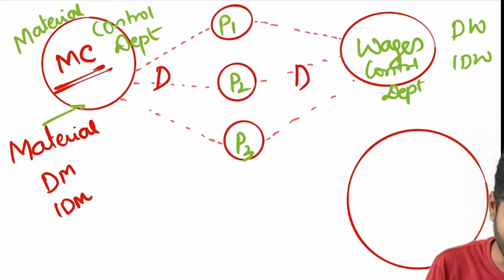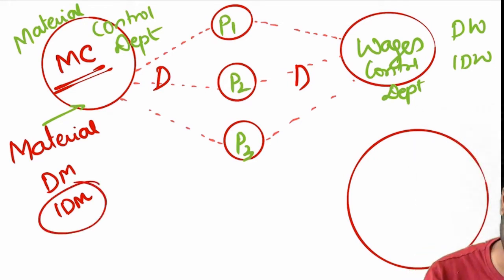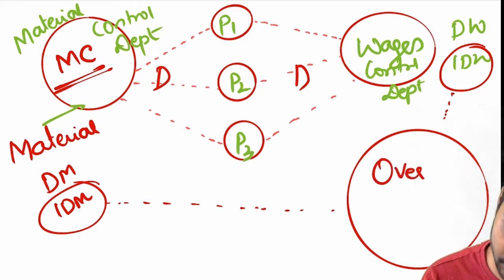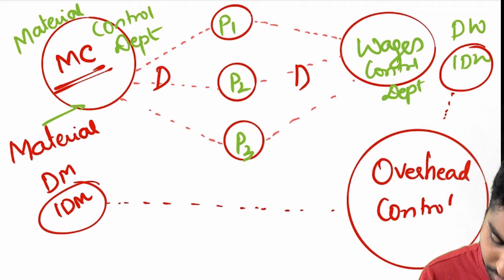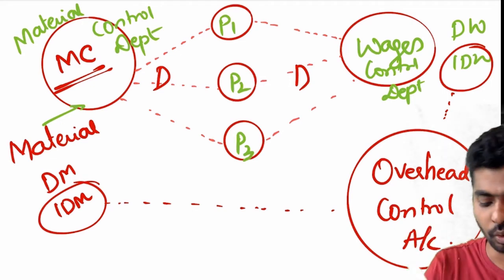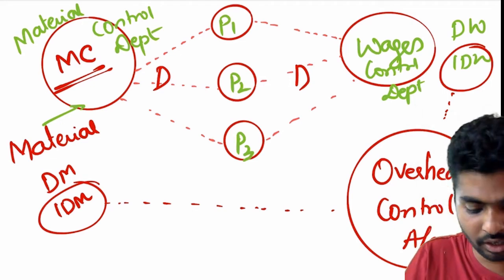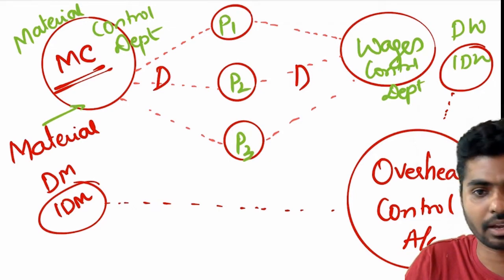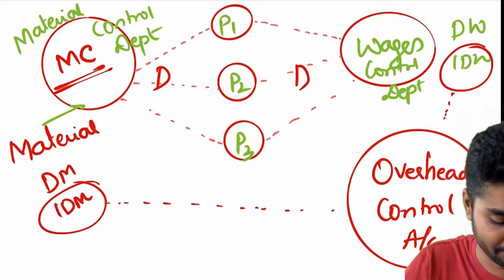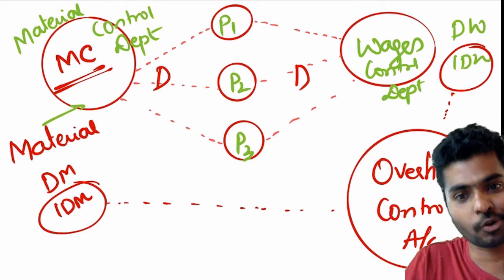So all my indirect material and indirect wages will go to an account called overhead control account. Now I want you guys to understand what happened here. I have received all the raw materials.